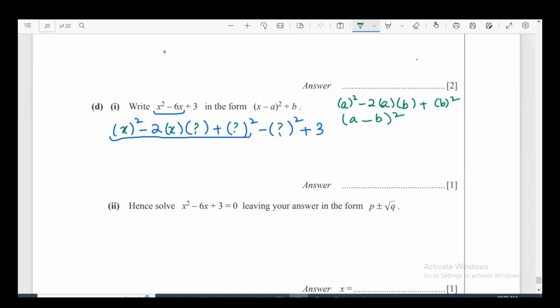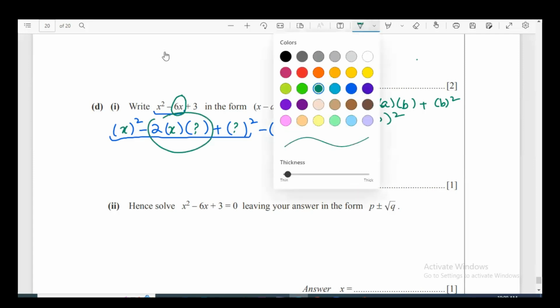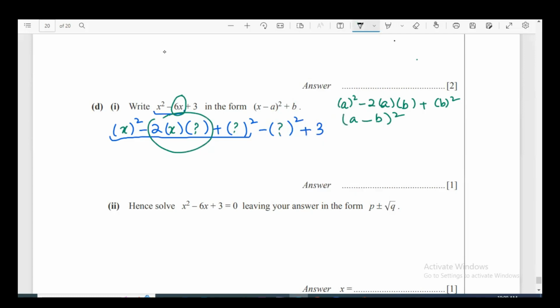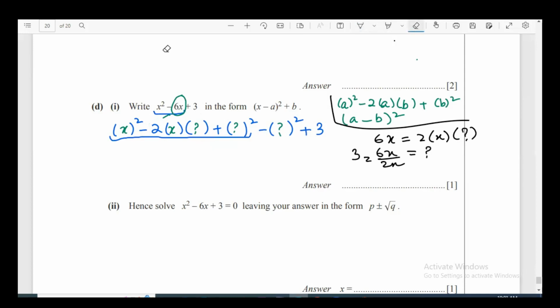By comparing 6x with 2x times the question mark, the value of question mark will be 6x over 2x, which is 3.